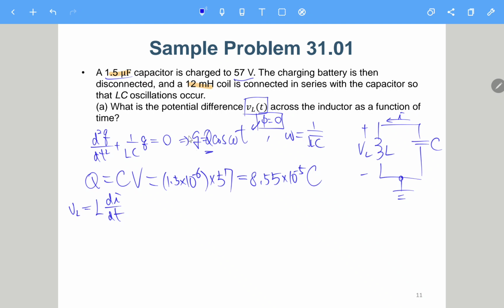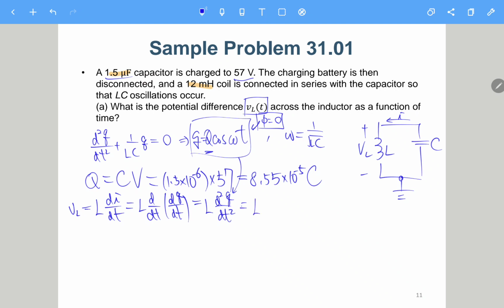But here we only know Q, and we know I equals dQ/dt, which means it should be L d/dt, and then we change I to be dQ/dt. So this is actually L times the second derivative of small q, d²q/dt². Here we can just plug this in.